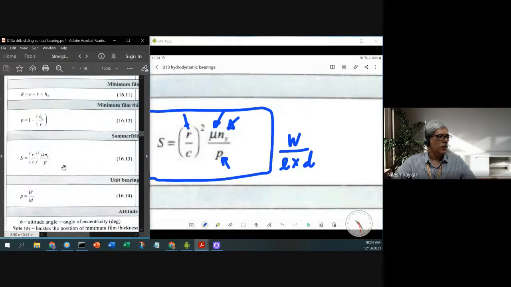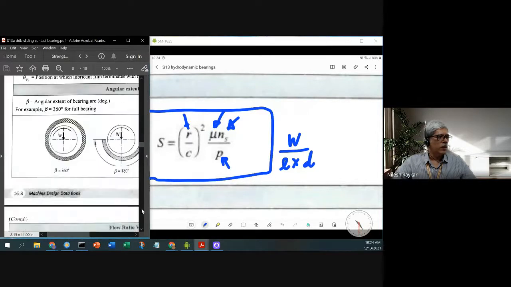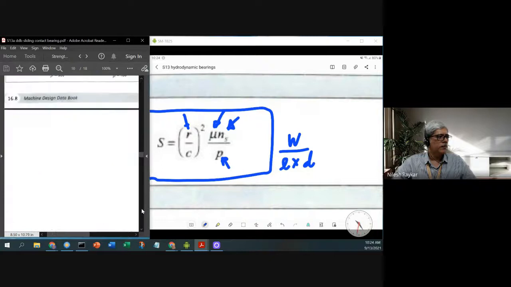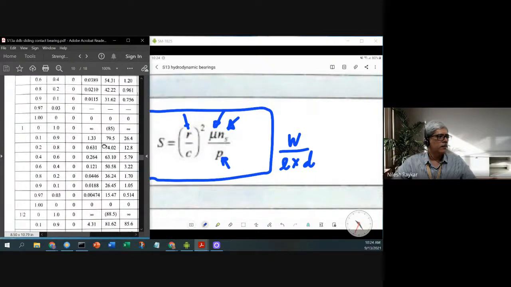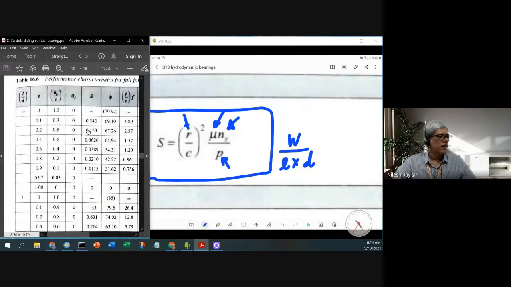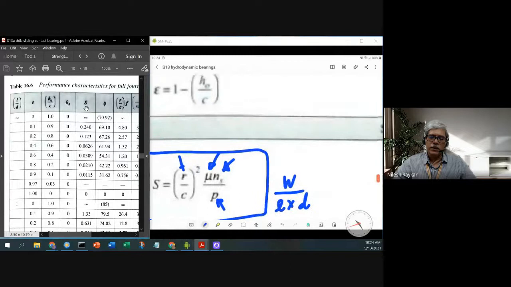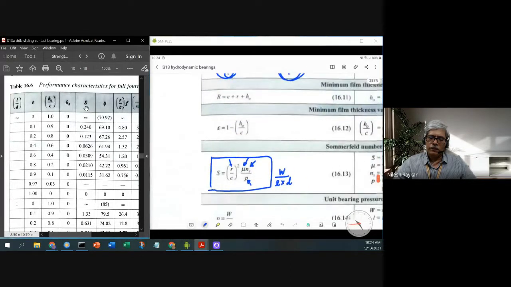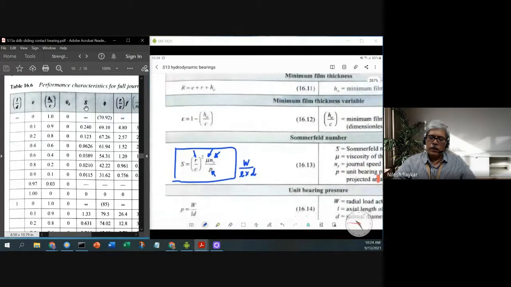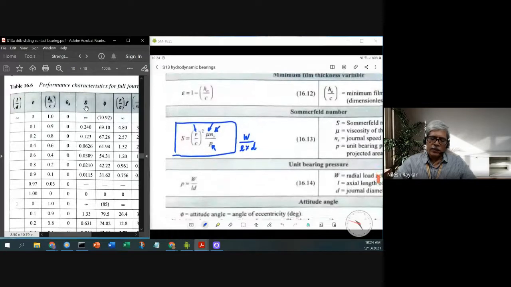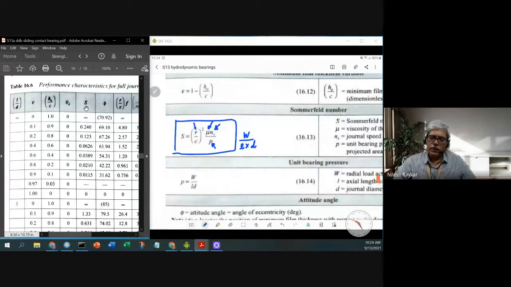Let me go back to the table. S is the Sommerfeld number we just discussed. In the same table, this P value is the unit bearing pressure. Unit bearing pressure is defined as W divided by L times D, which I just explained.